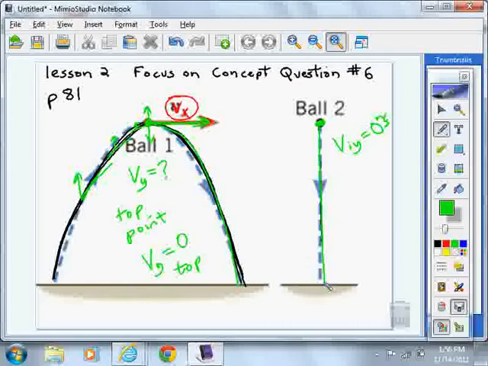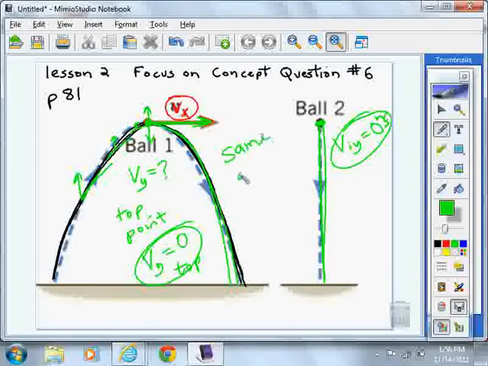Yeah, exactly. This velocity here, perpendicularly, has no effect on how fast it's going down, and they're both starting from rest in the vertical direction, so basically it takes the same amount of time to drop here as this one here would take to drop down there. So, same amount of time.